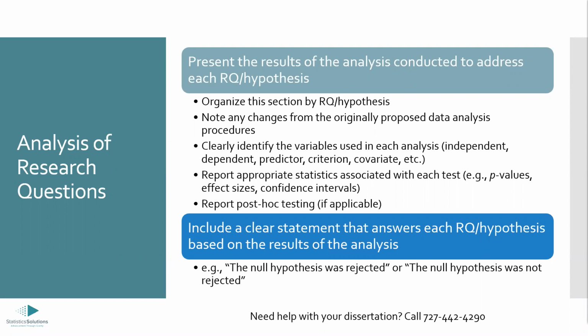And you want to take that result and turn that into a clear statement that answers the research question or addresses the hypothesis. So if, for instance, you have hypotheses written in null and alternative format, you'll probably want to make a statement about the null hypothesis. So whether the null hypothesis was rejected, if your results were significant, or if you failed to reject the null hypothesis, if the results were not significant.